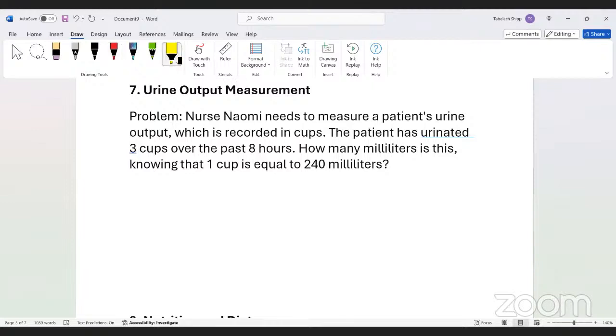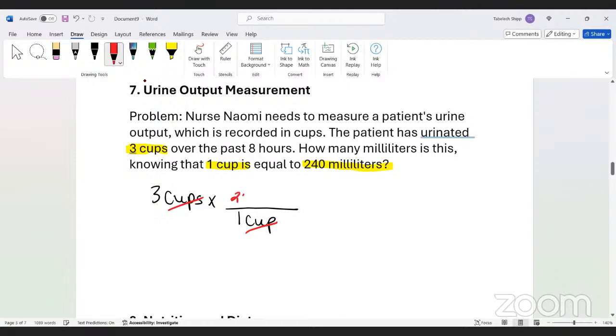All right, so let's look at the conversions that they gave you. 1 cup is equal to 240 milliliters. The patient urinated 3 cups. So all you need to do, again, this is simple, guys. 3 cups times, and remember, on the very bottom, 1 cup for that unit that you're using here. Get rid of the cups.